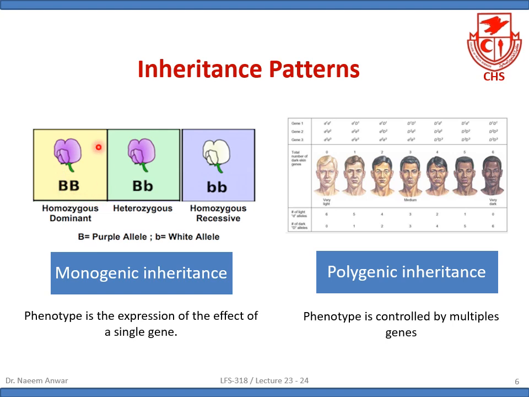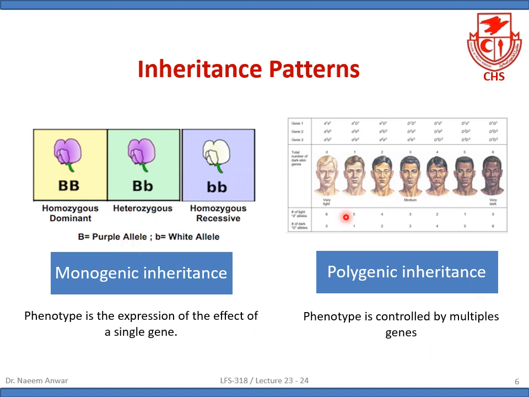If we have one allele in big letter and the second allele in big letter, then it will be homozygous, as we said, but dominant. So it will have the phenotype or the trait of purple color. And if it has two small alleles, it will have a white color, while in the combination of the two, it will be heterozygous and it will have a purple color, because as we know, B will be dominant. We will discuss it later.